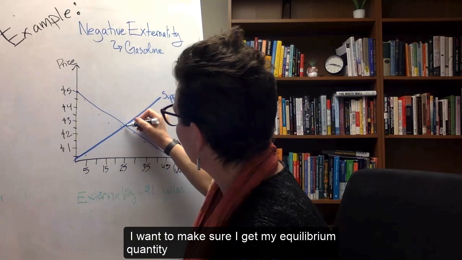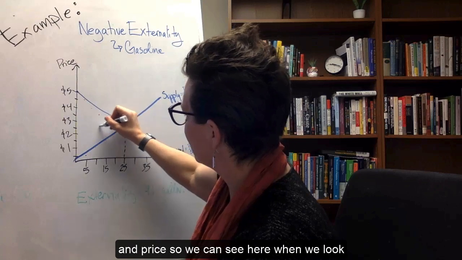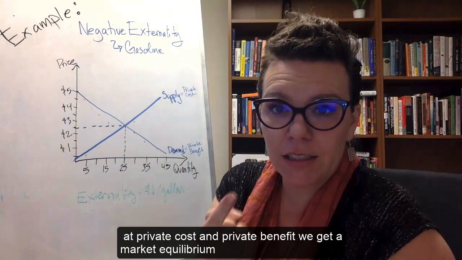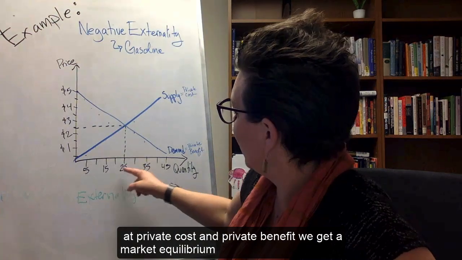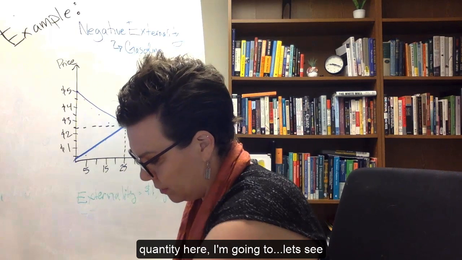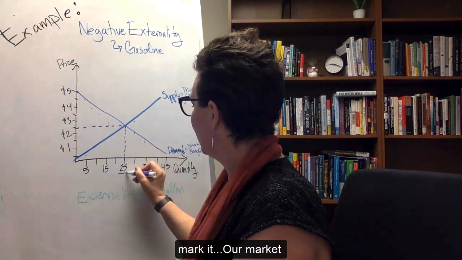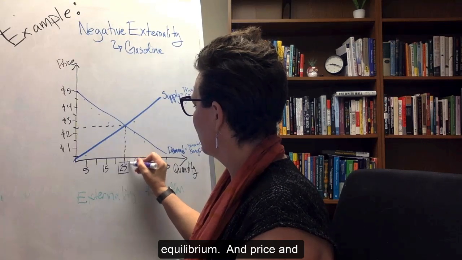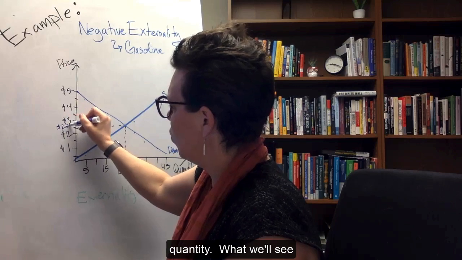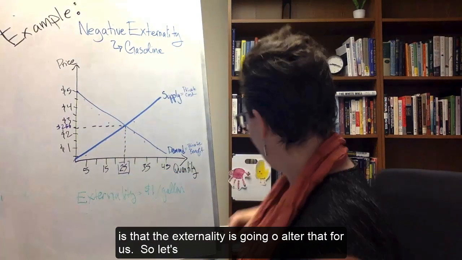Before I do that, I want to make sure I get my equilibrium quantity and price. So we can see here, when we look at private cost and private benefit, we get a market equilibrium quantity here. That's our market equilibrium price and quantity. What we'll see is that the externality is going to alter that for us.